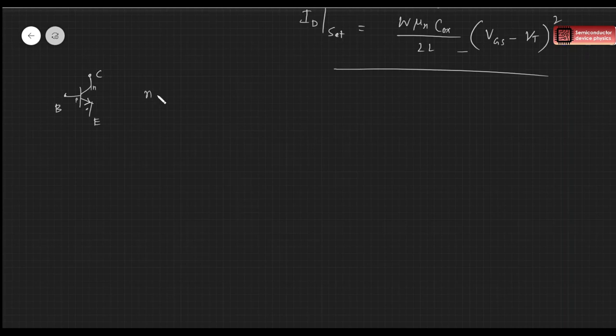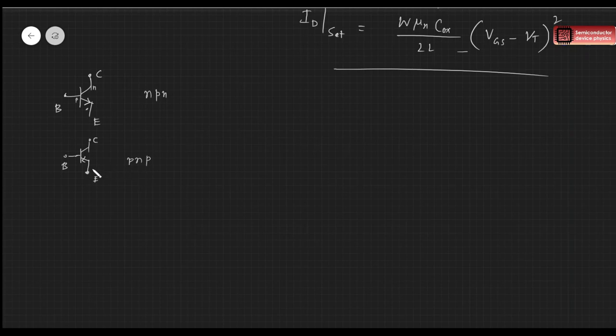So this is our NPN transistor. And if the arrow is the other way, it is called PNP.